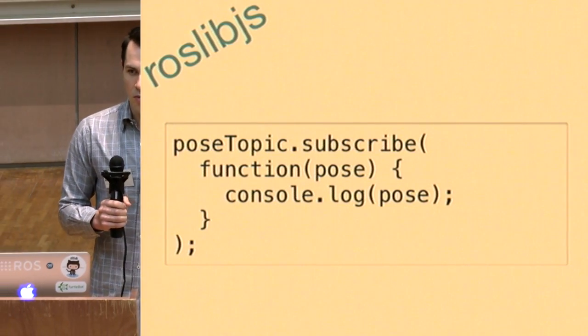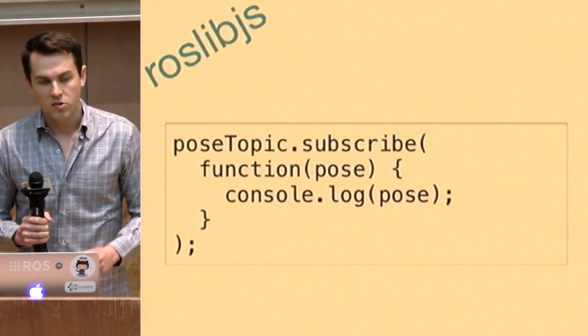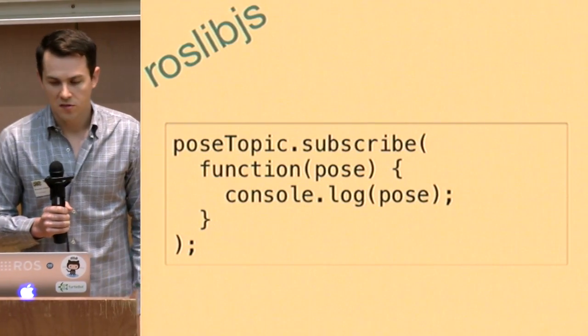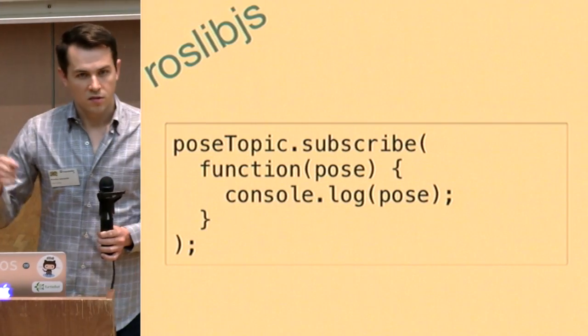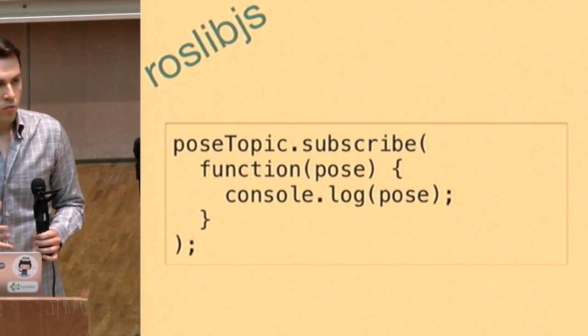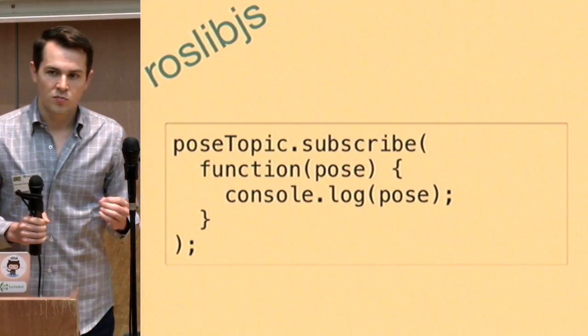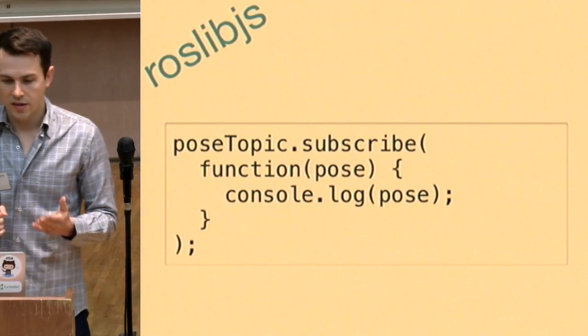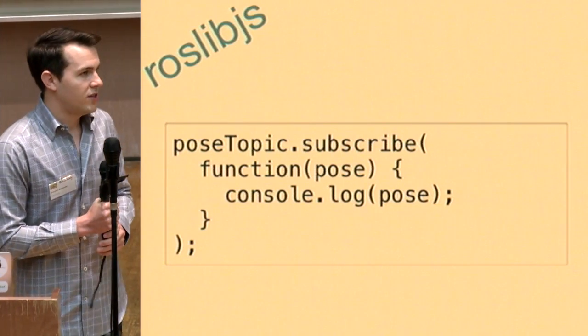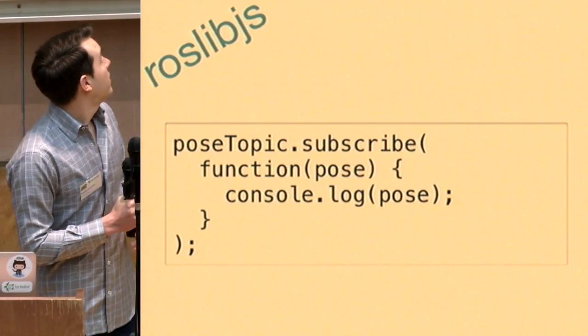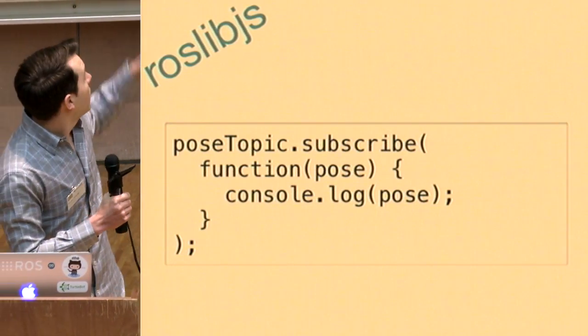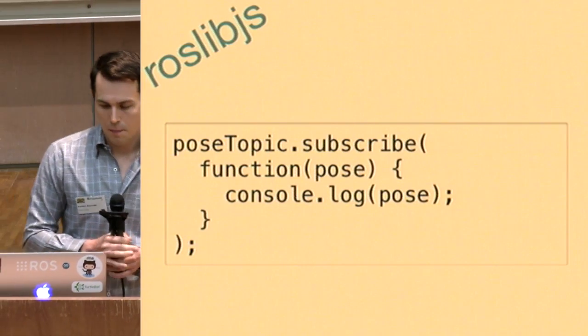At that point, RosBridge spawns a new node that's subscribing to /robot pose. Then whenever Ros publishes that topic, the node receives the message, RosBridge then takes it, JSON encodes it, passes it up to the web page, at which point this callback function is called with the pose object.